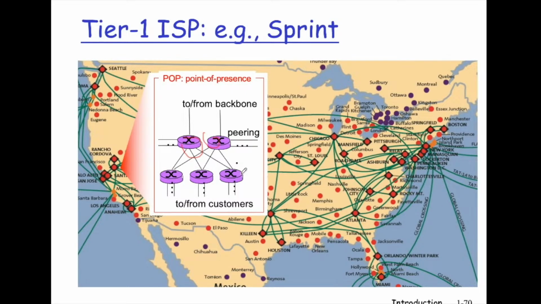They're interconnected between each other, and they are also offering connections to the customers. And some of them might be connected to other Tier 1 ISPs. And these links are to go further up into the backbone, in the hierarchy of the backbone in Sprint's network. And this is internet structure, a network of networks.